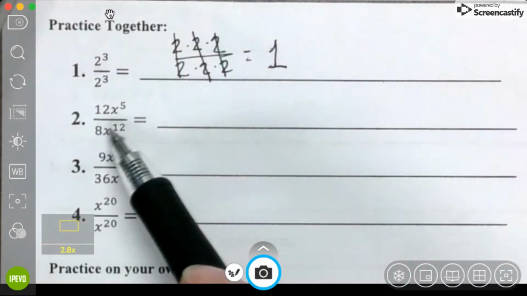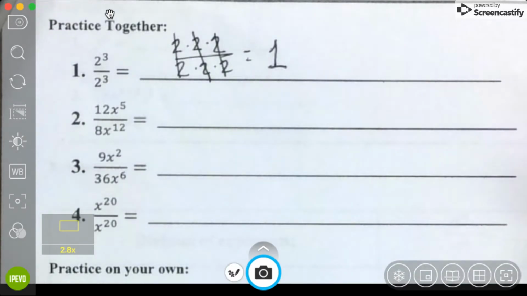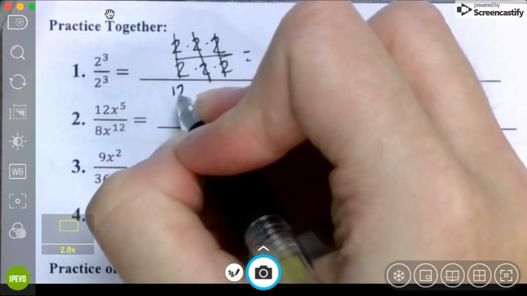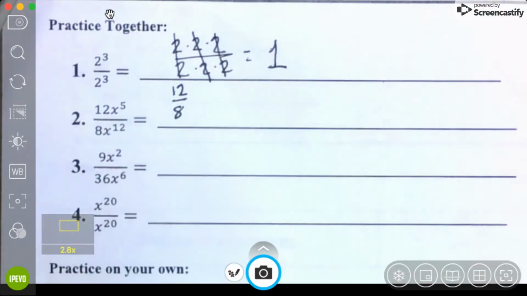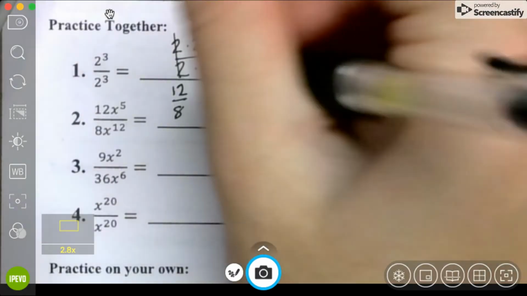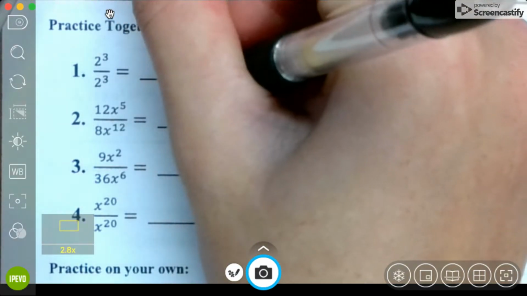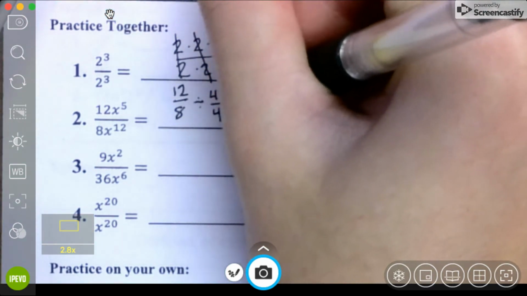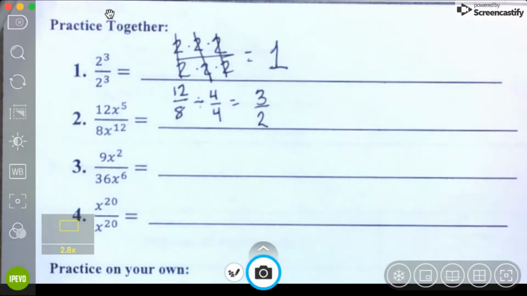It adds in a number. There's not just letters anymore. So I have the fraction 12 over 8. What can I reduce both of those by? 4. So if I divide this by 4, I end up with 3 over 2.